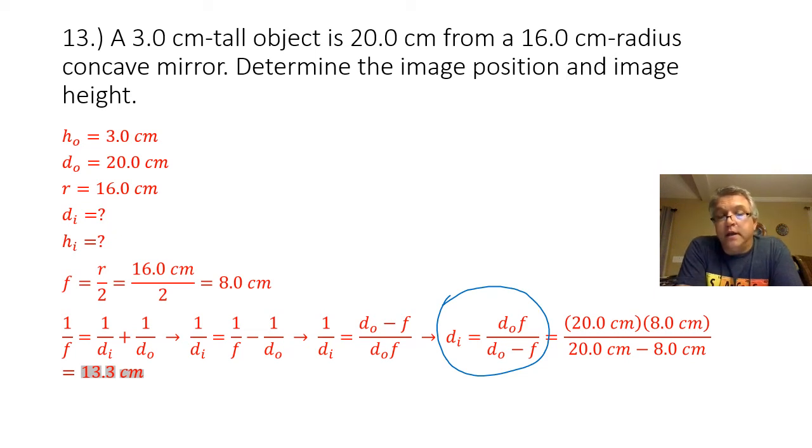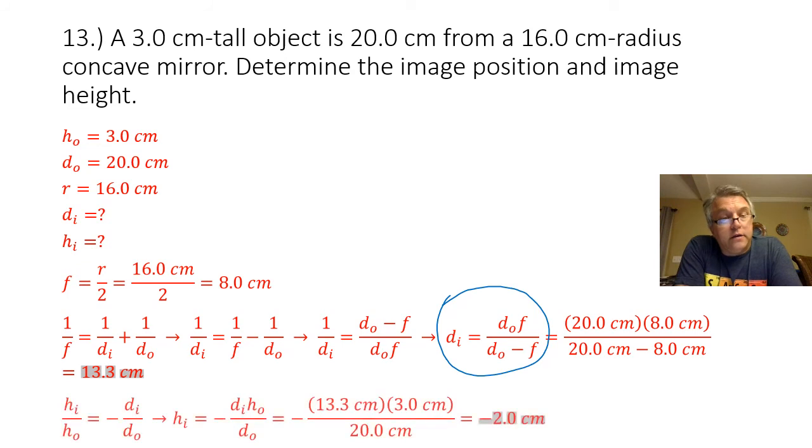Now to find the image height, I know that the image height divided by the object height is equal to the negative of the image distance divided by the object distance. Solving that for the height of the image will give me the image height equals the negative of the image distance times the object height divided by the object distance.